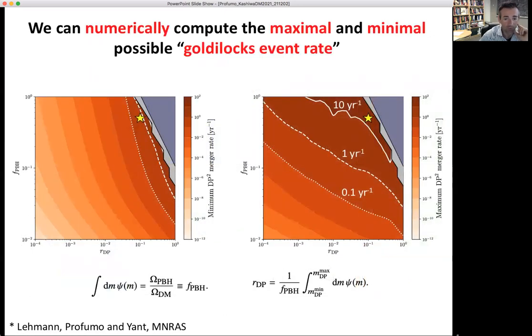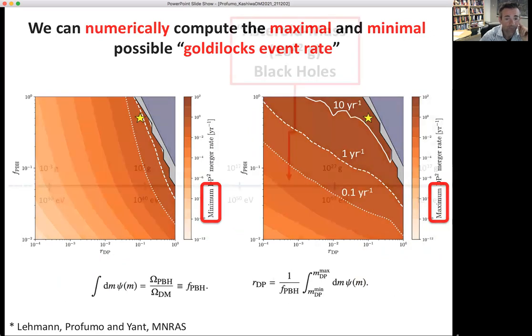And one can plot curves of minimum and maximum merger rates in the plane of the fraction of black holes in the Goldilocks region versus the fraction of black holes that constitute the dark matter. And in much of this parameter space, the event rate at LIGO is in fact detectable. The absolute maximum is more than 10 events per year at Advanced LIGO.